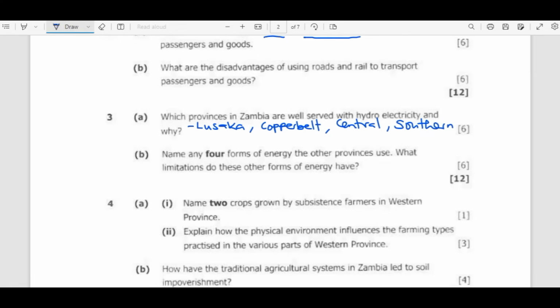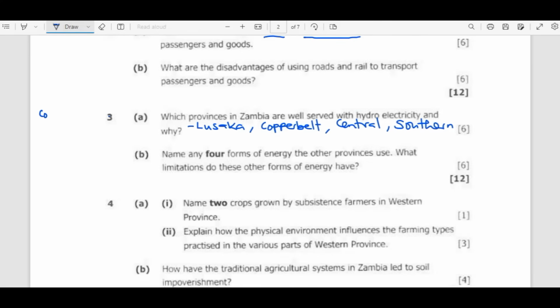Now, to find out the reasons why, number one, we can say, so Copperbelt is supplied because of copper. So in the industries, they require huge capacity of electricity, which makes them to be supplied. So that is the first one we can say.